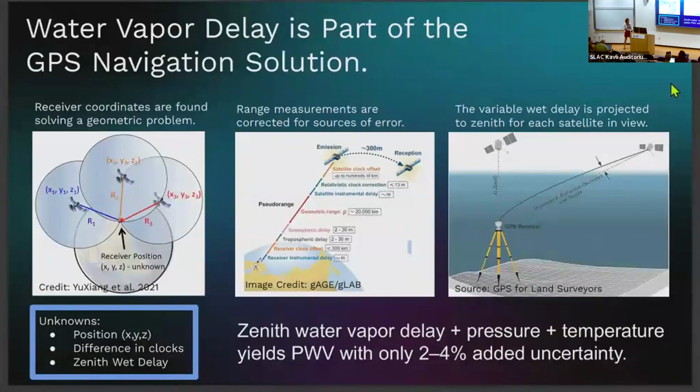So it's customary in high accuracy positioning to project this delay to the zenith direction and actually add it to the navigation equations as a term we solve for. So in addition to position, we measure the variable wet delay in the zenith direction. Once we have this delay, we can combine it with pressure and temperature information, and we can convert to precipitable water vapor with only 2 to 4% additional uncertainty.